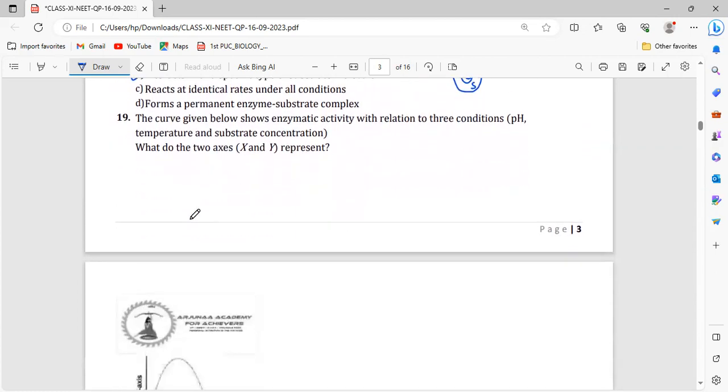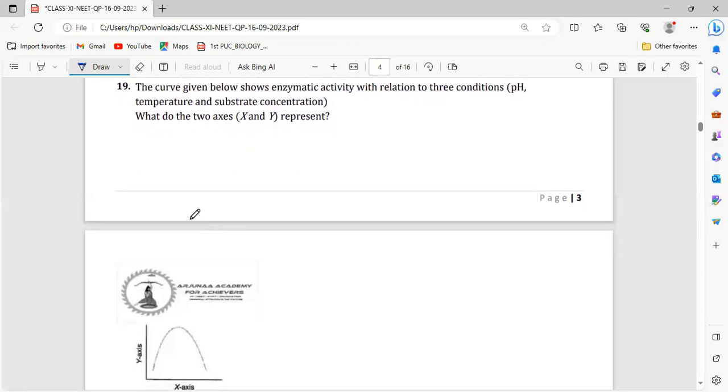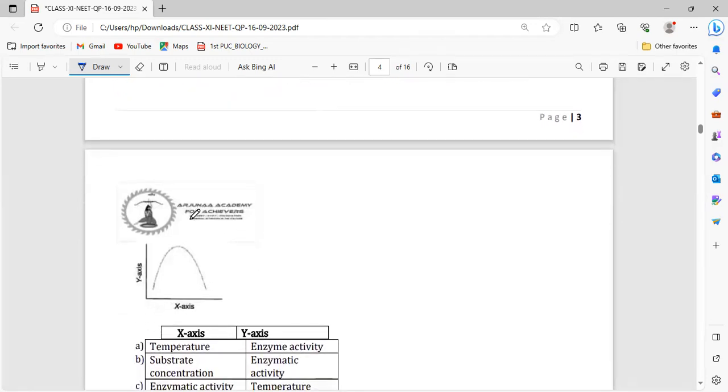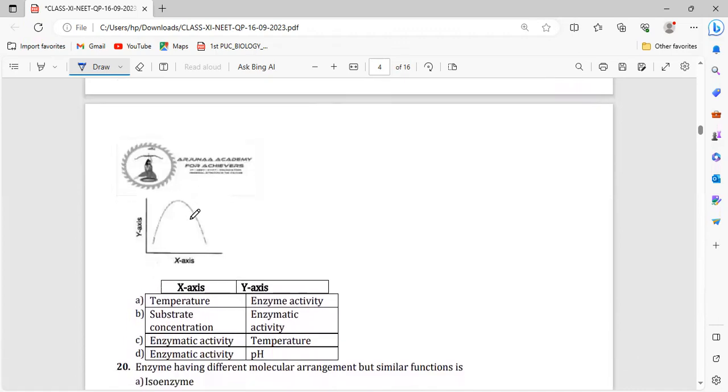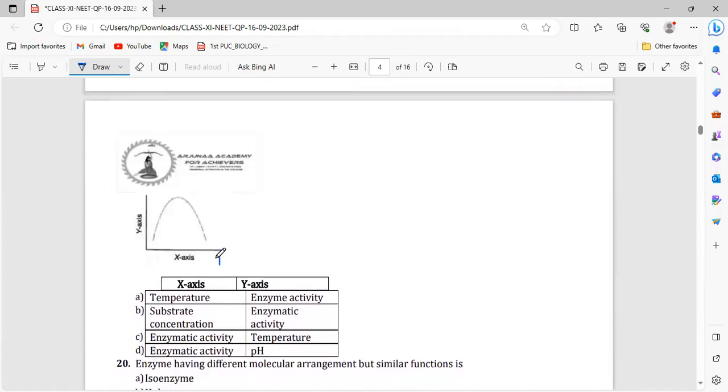Then 19. The curve given below shows enzymatic activity in relation to three conditions: pH, temperature, and substrate concentration. What do the two axes X and Y represent? The x-axis will be either temperature, pH, or substrate concentration, and the y-axis will always be enzyme activity.